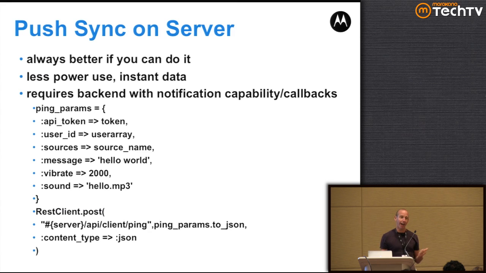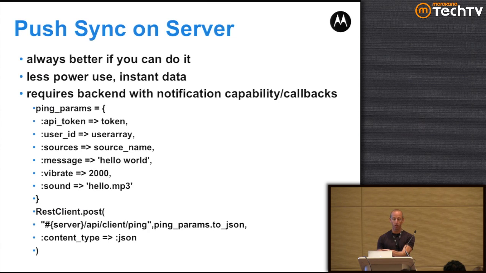It does require that your backend have the callbacks, though. That's the key thing. Whatever you're integrating with has to have a way that you can register and say, tell me when these interesting things happen. So this is the code that you would register to say, hey, call this code, and then RhoConnect exposes this REST client.